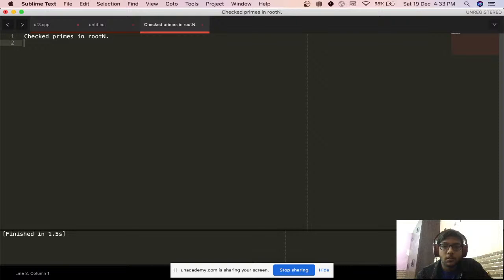One major takeaway I would say is that composite numbers have smallest divisors less than root n. Composite numbers have smallest divisor less than root n.